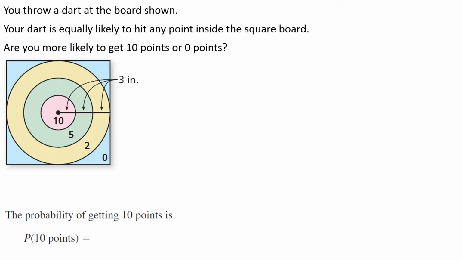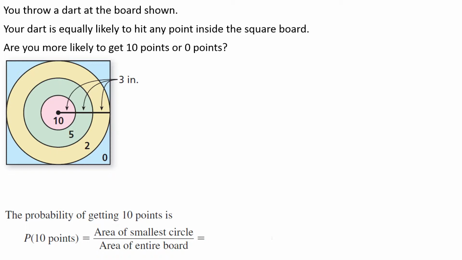Well, I need to know the area of that circle that's noted as being worth 10 points. So that's a small circle on there. But then I also need to know the area of the entire target, which is a square.